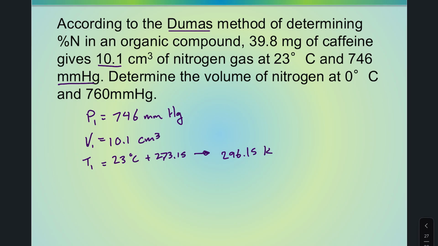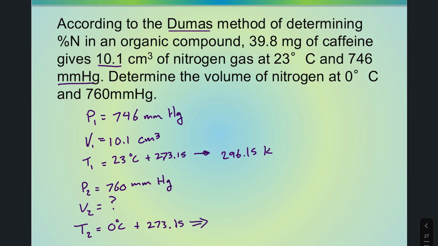And so we can keep going. Our P2 is equal to 760 millimeters of mercury. Our V2 is what we don't know yet, that's what we're trying to find. And our T2 is equal to 0 degrees Celsius, so we add 273.15 to that and end up getting 273.15 Kelvin.